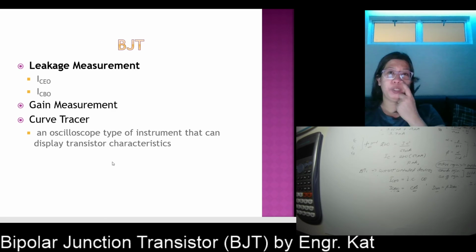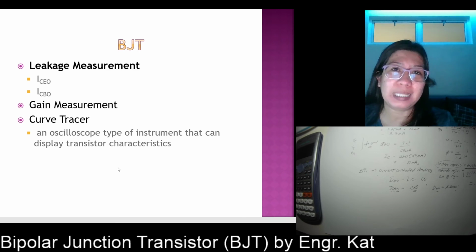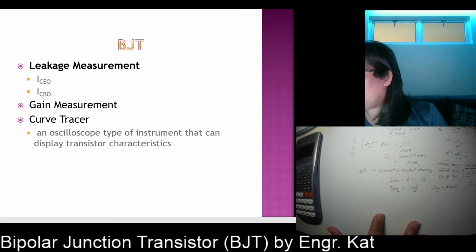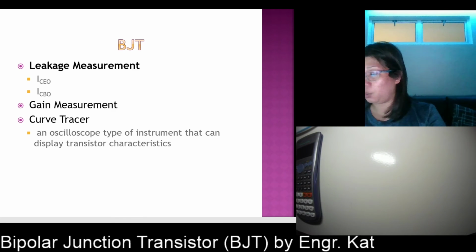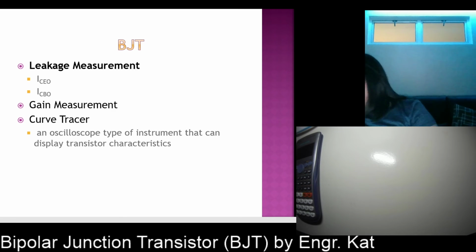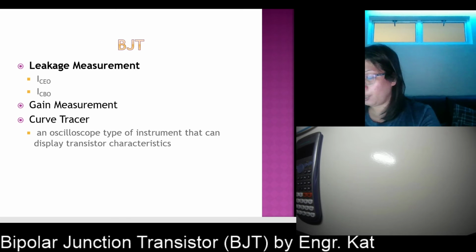Okay, so that is the introduction to a BJT. For the next video, we will be discussing the DC analysis for BJT. But before we go to that, I would just like to include where the transistor name came from.